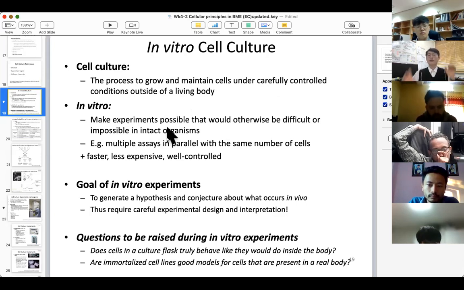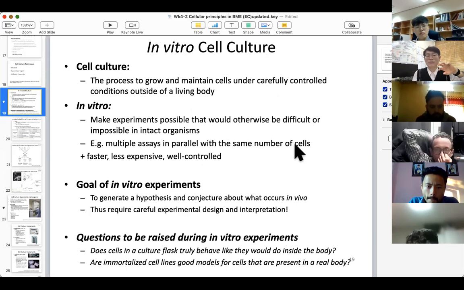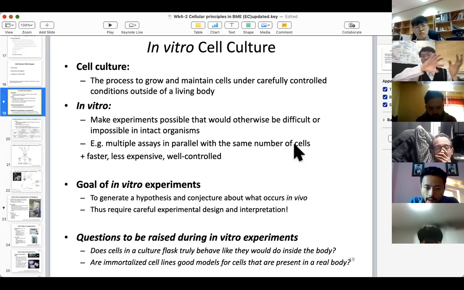For example, I already showed multiple well plates that allow us to do multiple parallel assays with the same number of cells, so that we can have the first row as a control, second row drug A, third row drug B, fourth row drug A plus B combination, and see how these cells proliferate or die with the addition of the drug. That cannot be done easily in vivo, okay?